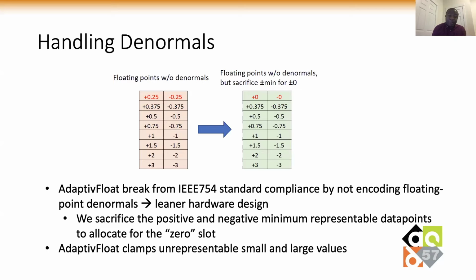Now, the main problem arising as a result of not using denormals is the lack of representation for the zero point, because the zero point is a floating point denormal number. In adaptive float, we solve this constraint by sacrificing the positive and negative minimum values to allocate the slot for the zero, as shown in this figure.